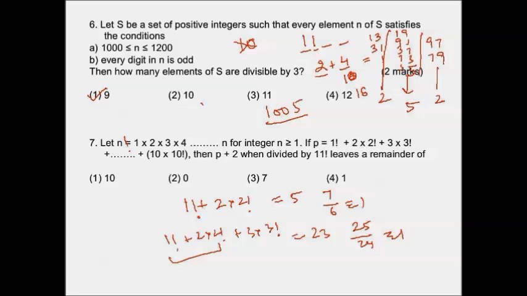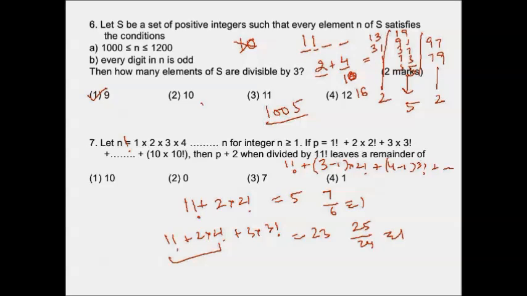However, there is a general way of doing this question also. I can write 1 factorial plus 2 into 2 factorial as 1 factorial plus 3 minus 1 into 2 factorial. 3 into 3 factorial can be written as 4 minus 1 into 3 factorial, and so on.